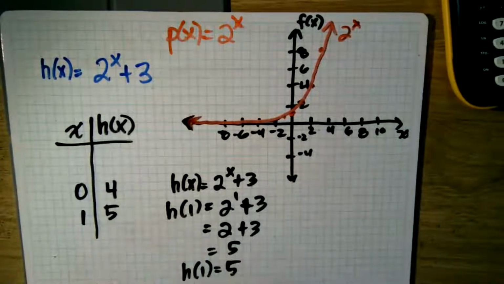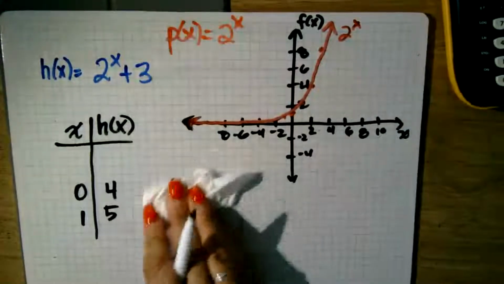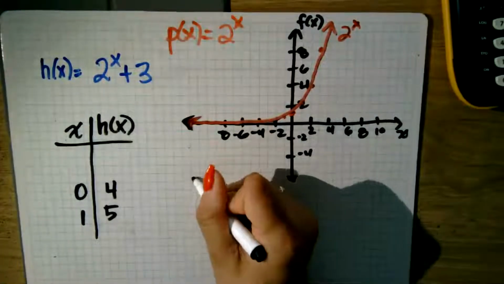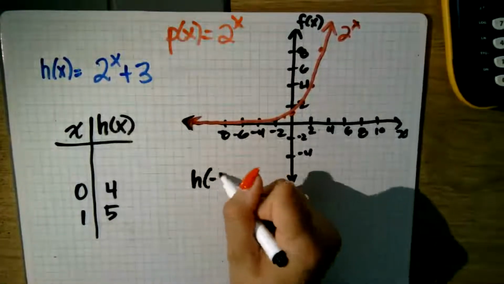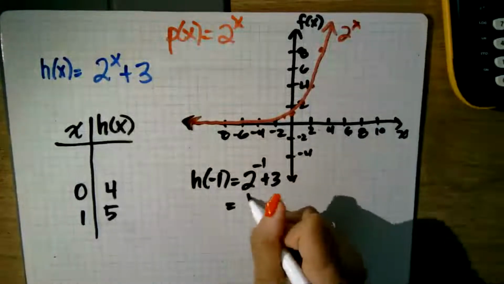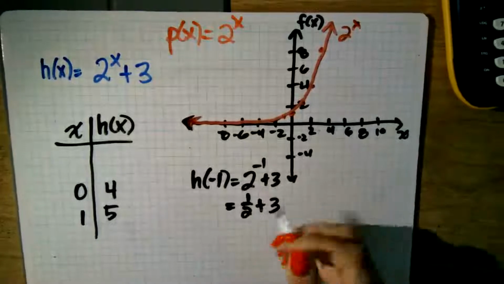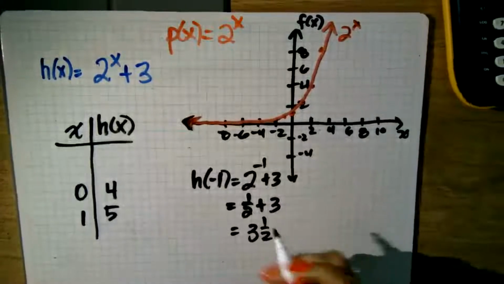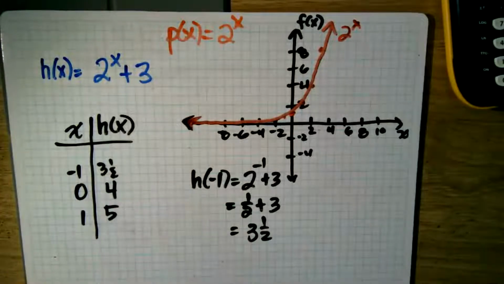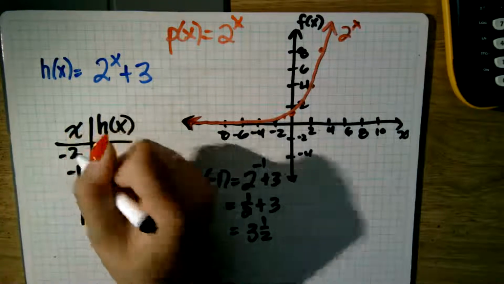Let's do another one. H of negative 1 gives me 2 to the negative 1 plus 3, which is 1/2 plus 3, that gives me 3.5. And then let's see negative 2.